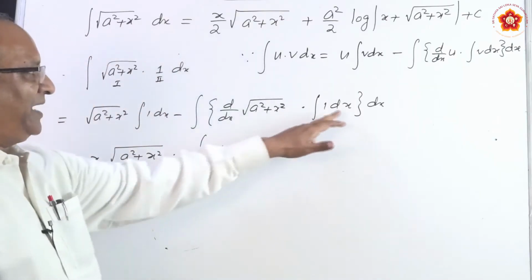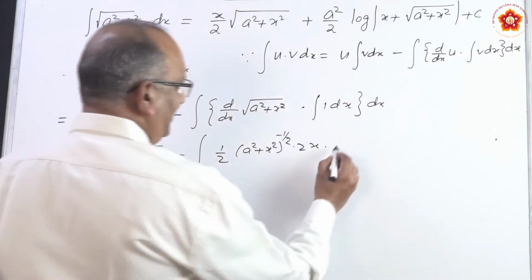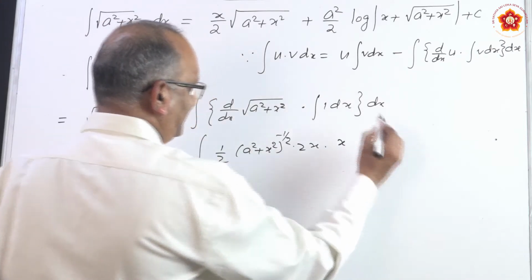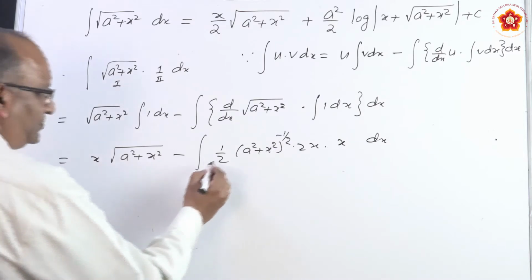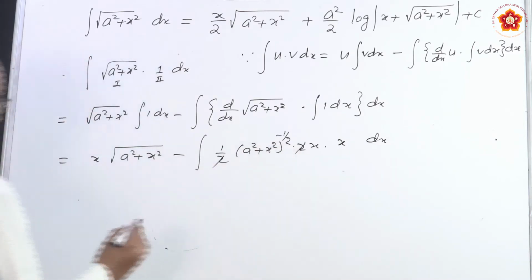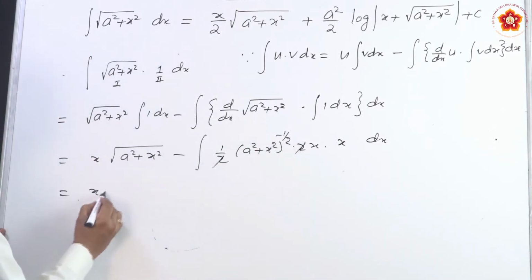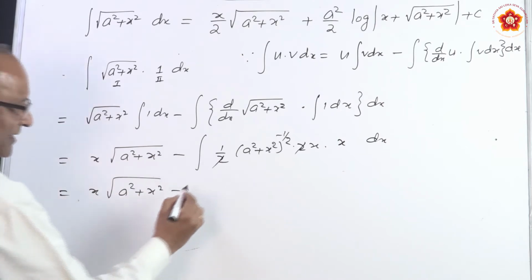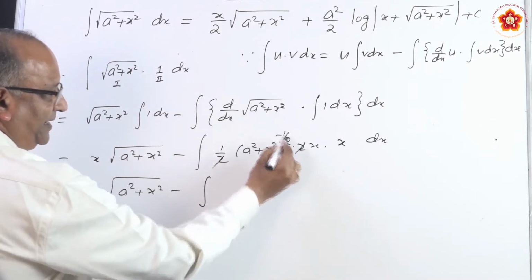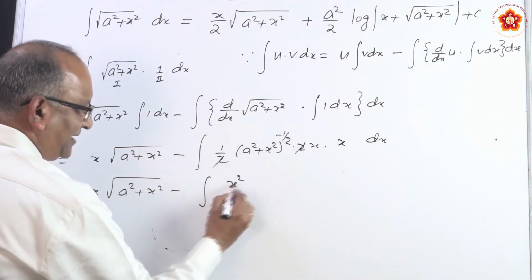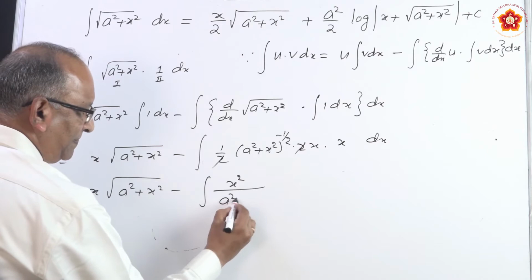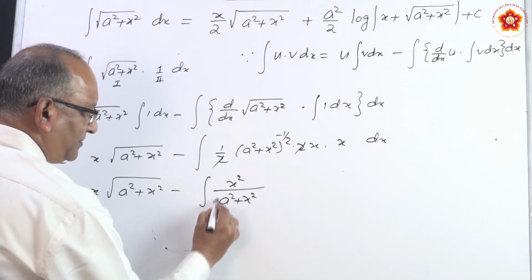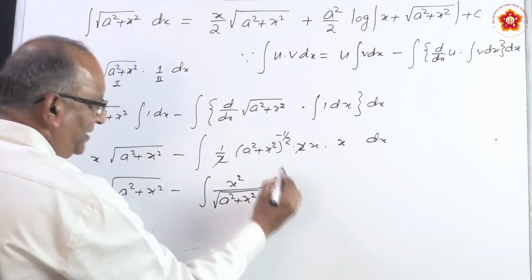Into the integral of 1 dx, same as here, into x dx. These 2 and 2 can be cancelled and this can be written as x under root of a square plus x square minus, this can be taken to the denominator, x square upon the square root of a square plus x square, dx.